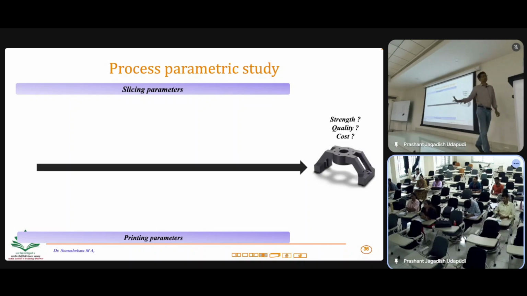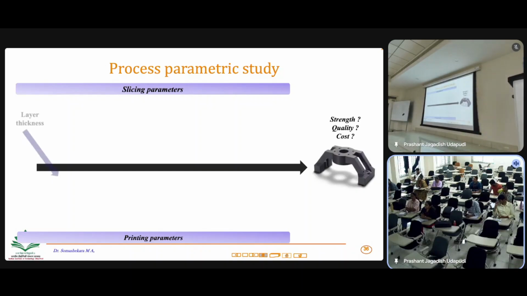There are two parameters that will decide the quality, the strength, and the cost of the component. One is the slicing parameters, the other is the printing parameters. So what are the slicing parameters?